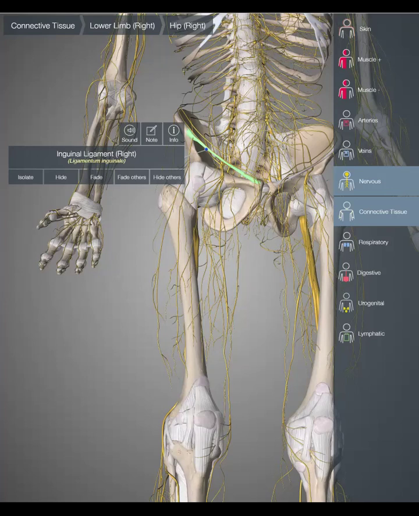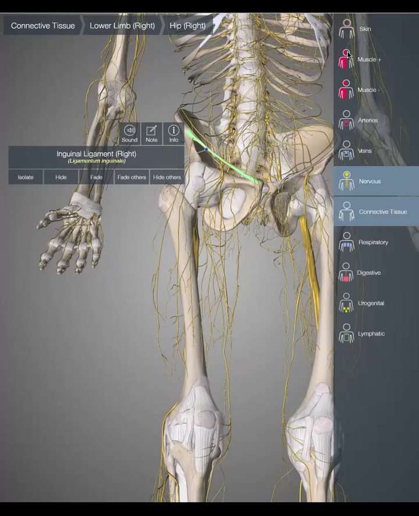As we said, motor functions of the femoral nerve: it is a hip flexor and it's a knee extensor. It's a knee extensor as it causes quadriceps femoris to contract. It's a hip flexor as it causes pectineus, iliacus, and sartorius to contract.